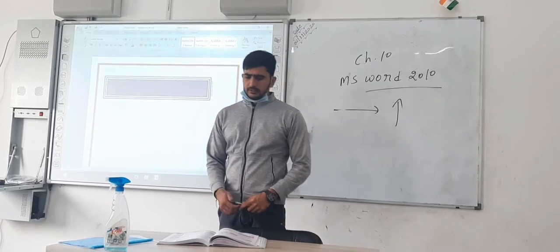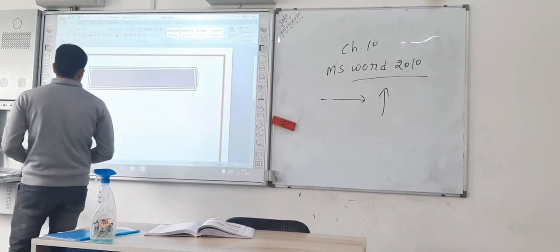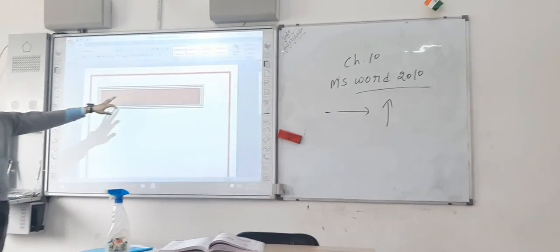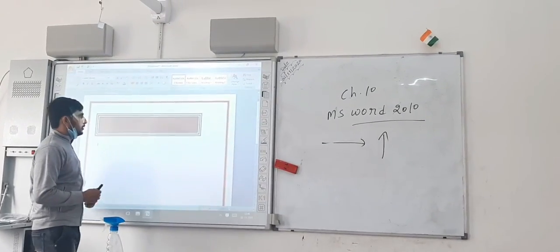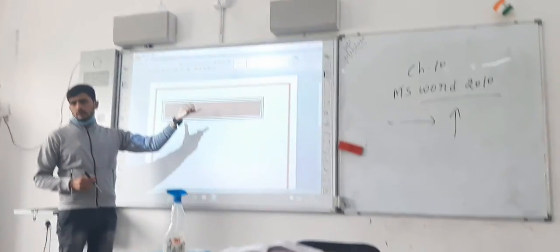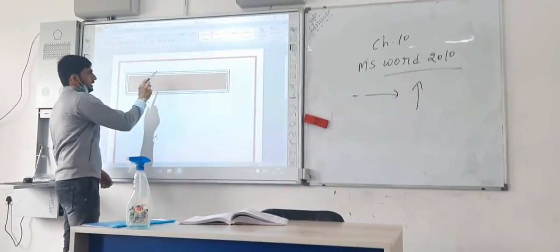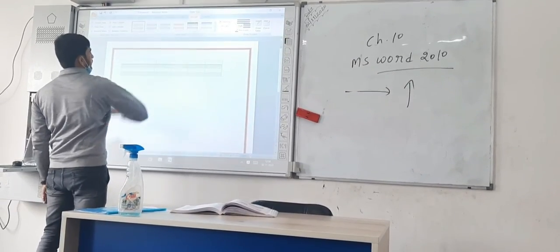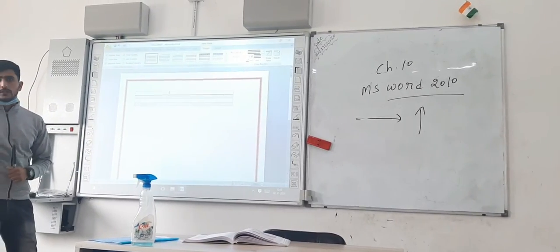I think you will understand about that. Yes, sir. Next one is merge and split. What is merge? What is split? Okay, I have inserted this table, and I want the top row of that table to be a single row.